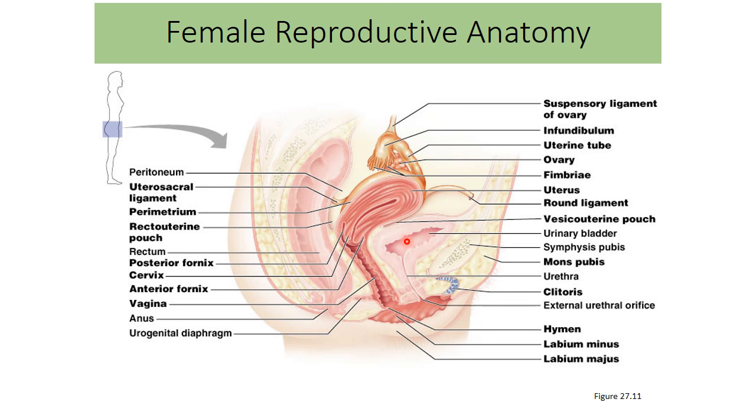Looking at a lateral view of the female reproductive anatomy, the clitoris, remember, is analogous to the male penis, so it's erectile tissue, and during sexual excitement, the parasympathetic nervous system stimulation will cause a release of nitric oxide, similar to within the penis, that will vasodilate the blood vessels within the clitoris and create an engorgement of the erectile tissue.